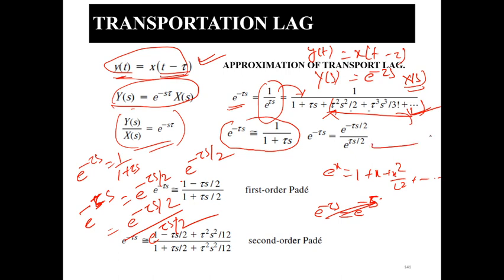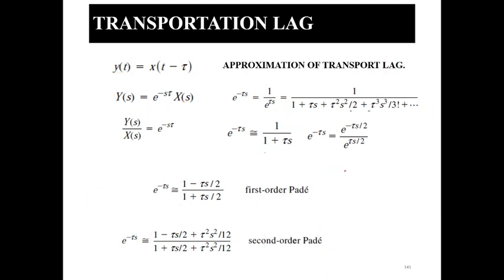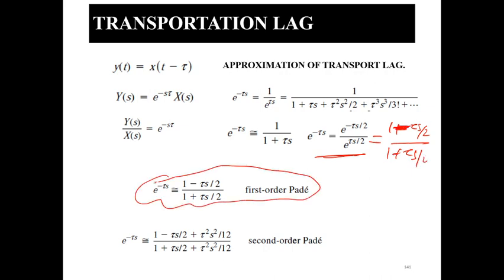Is it clear? Now when you expand this equation, it becomes 1 minus tau s by 2 in the numerator, and 1 plus tau s by 2 in the denominator. This is the minus and this is the plus. This is called the very important first order Pade approximation.